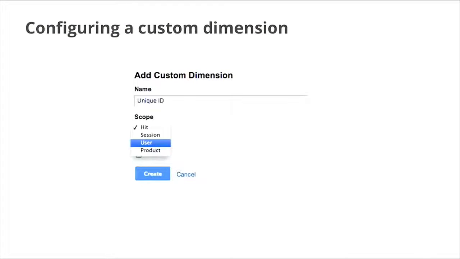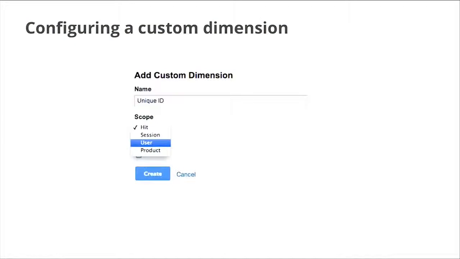Now, custom dimensions, we actually have a two-step process for these. As step one, you actually define the custom dimension in our configuration interface. The reason behind this is we don't want to just call them custom dimension 1 or 2 or 3. We really want to use the terminology that you're familiar with. If you're sending in a unique ID, we want you to be able to call that unique ID everywhere in our reporting interface.